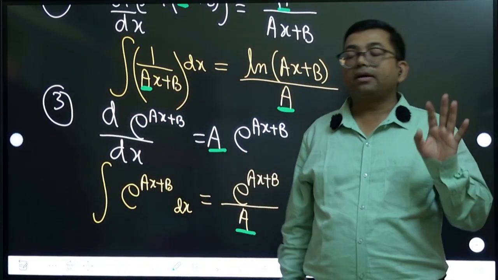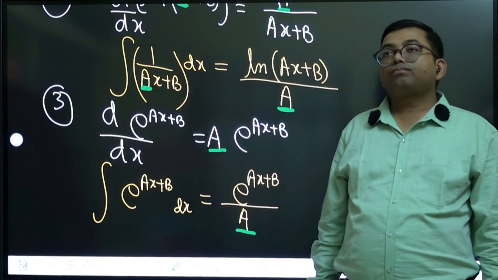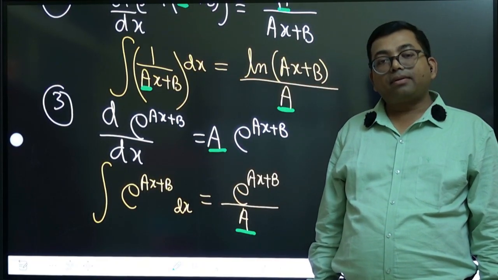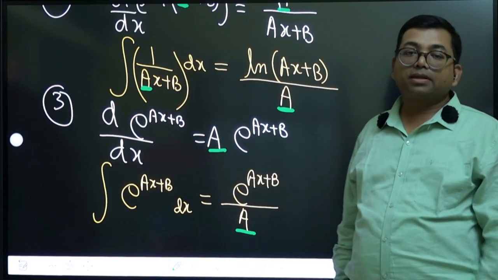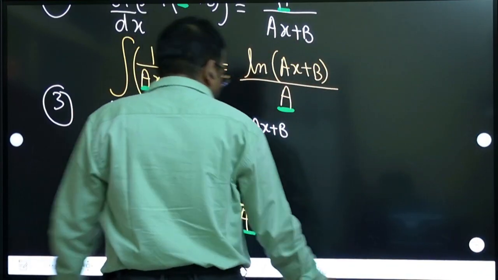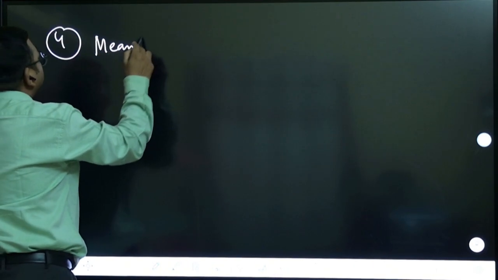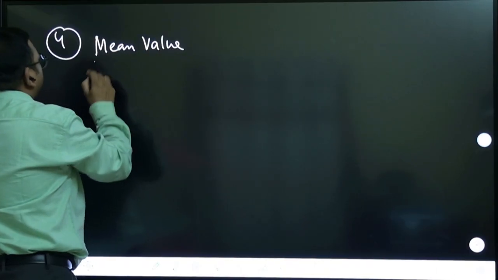Then what else? Mean value and RMS value, two concepts are remaining. Mean means average. So let us take that fourth concept, mean value or average value.